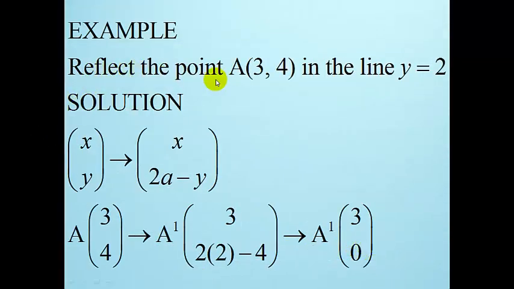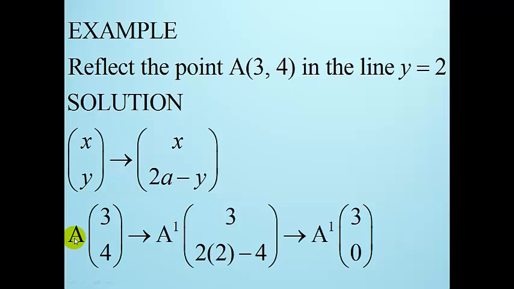Example, reflect the point A, 3, 4 in the line y equals 2. That means that the constant a is now 2. Now from the rule, xy maps to x, 2a minus y.